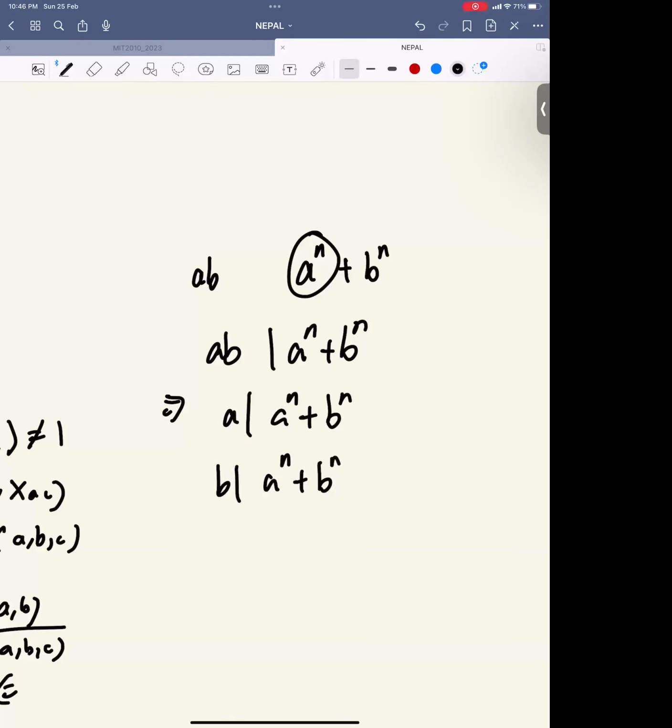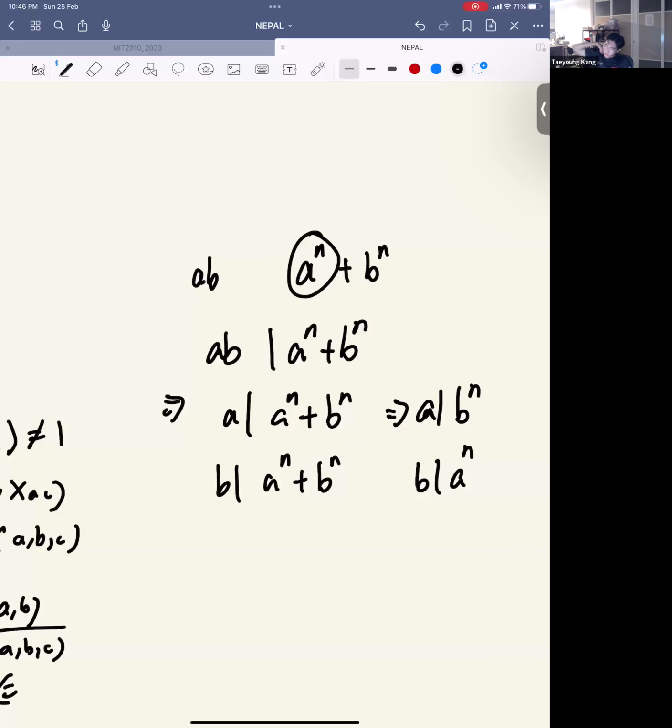So A must divide B to the power of n, and B divides A to the power of n. And once you go down this route, it's very hard to come up with a good size bound or any good intuition other than the fact that they share the same prime factors.